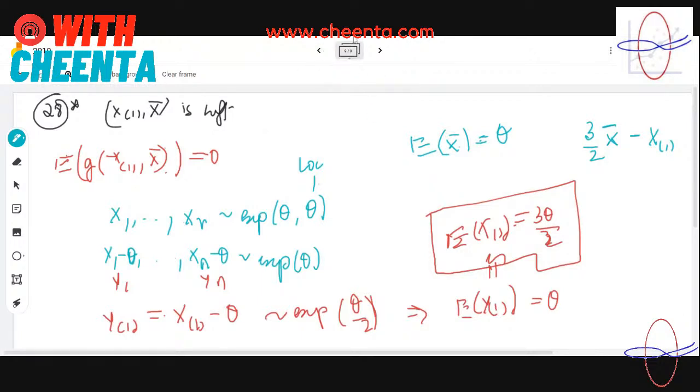The expectation of xi is theta, or twice theta?